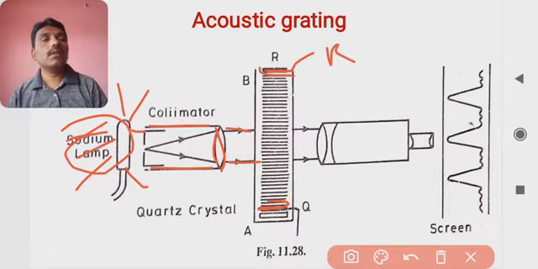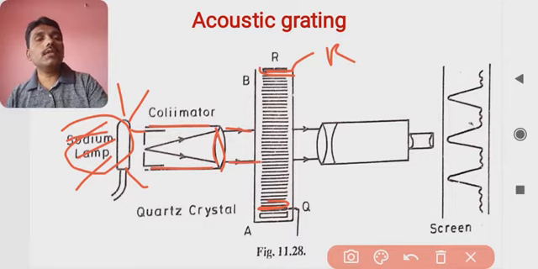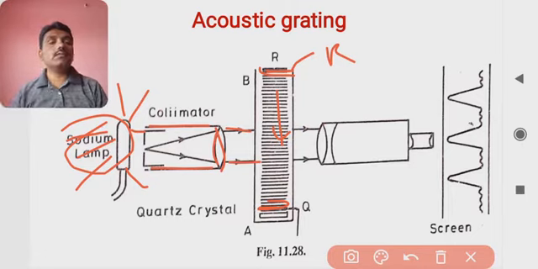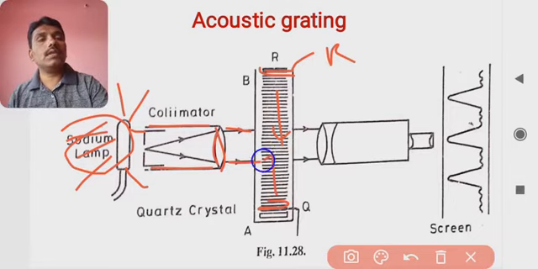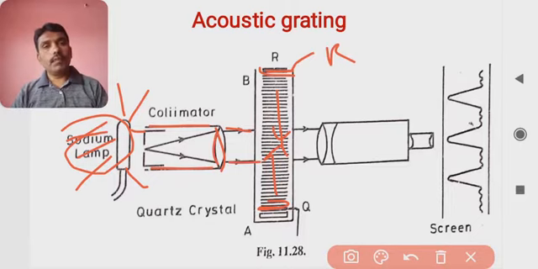Whatever waves are coming towards it will get reflected back, and due to the superposition of the incident and the reflected wave, a standing wave pattern or stationary waves will be generated, and that gives you the acoustic grating effect.